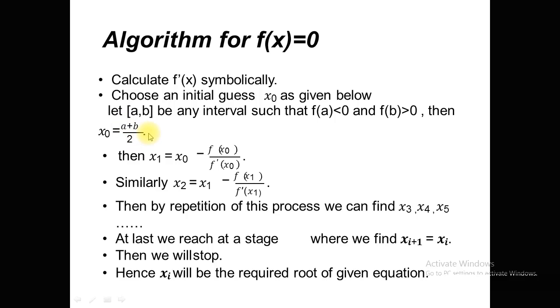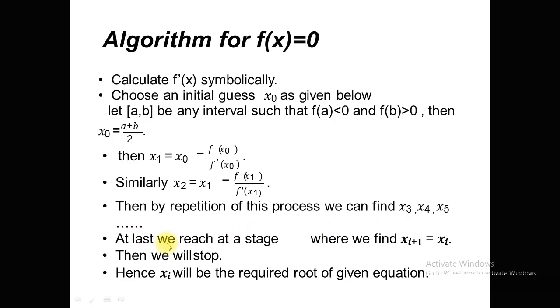Then, to find the next roots x1 and x2 using the Newton-Raphson formula, x1 is equal to x naught minus f of x naught divided by f dash of x naught, and similarly x2 will be x1 minus f of x1 divided by f dash of x1. Then by repeating this process we can find x3, x4, x5 and so on.